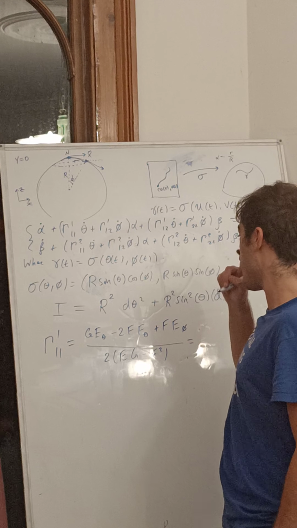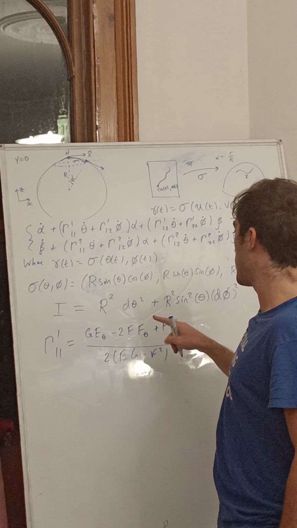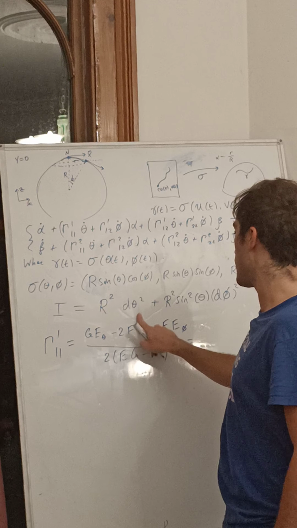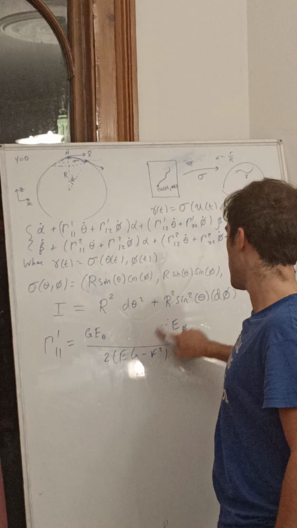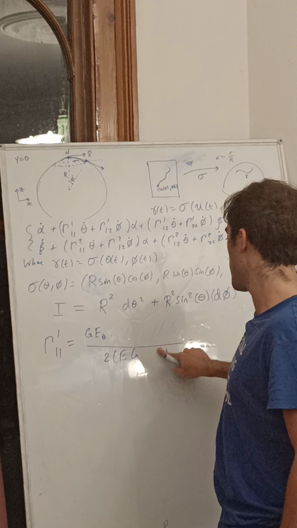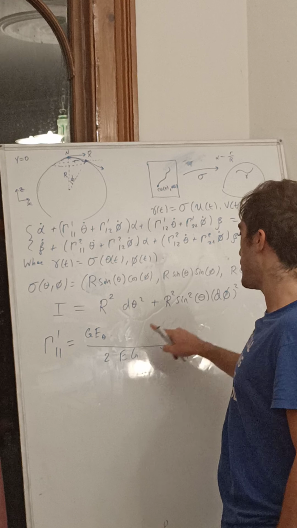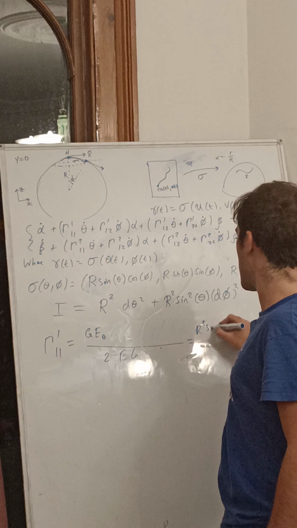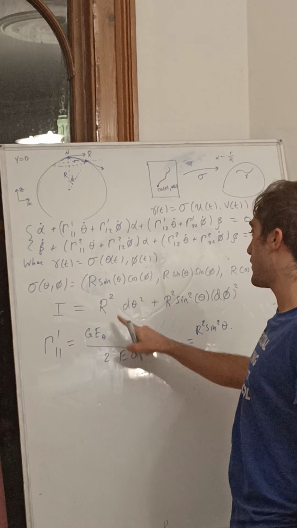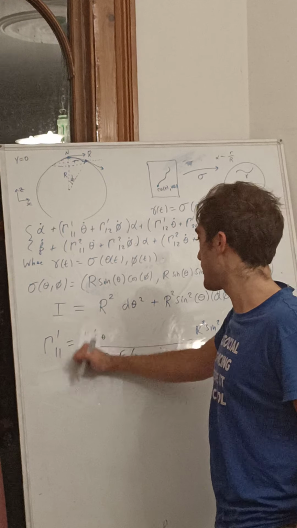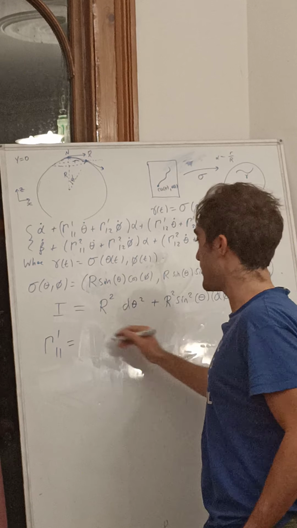So this is E and this is G, so the F terms aren't there. G is r squared sine squared theta, and E theta is 0, since there's no theta dependence. So this term is very nicely 0.